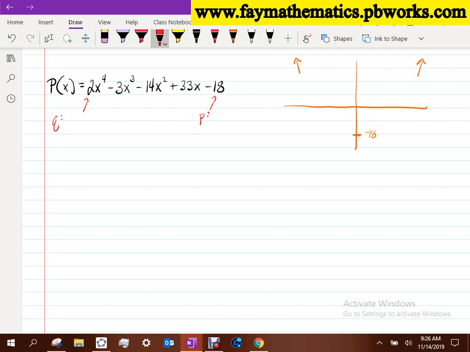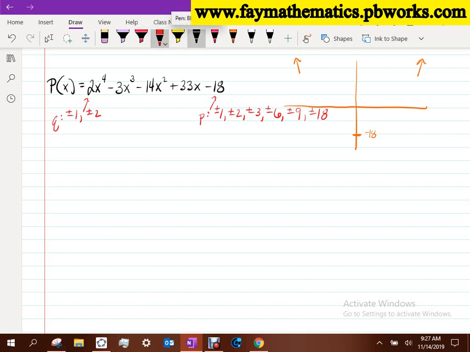If you want to do that before you find P over Q or after, it doesn't matter. But my P values are factors of 18, plus or minus 1, 2, 3, 6, 9, 18, right? Q values, plus or minus 1, plus or minus 2.